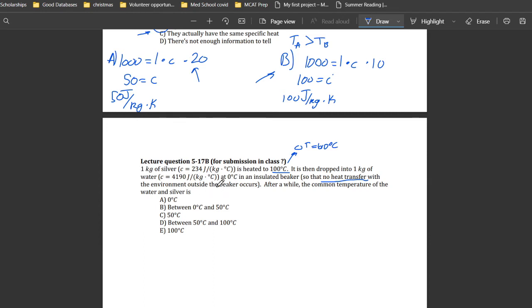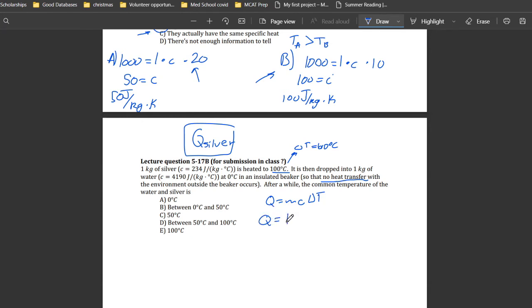So based on the given information, we can find the amount of energy of the silver after it was heated to 100 degrees Celsius, and then we can use that information to find the change in the temperature of water as a result. So with that, I think it's easier just to start using the equation Q equals mc delta T and plugging in the variables to solve for Q.